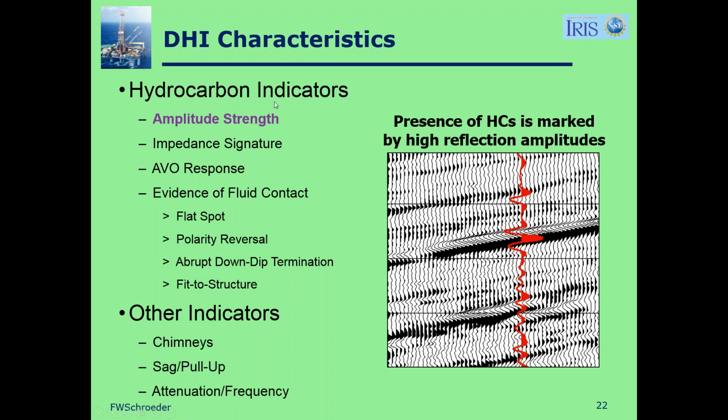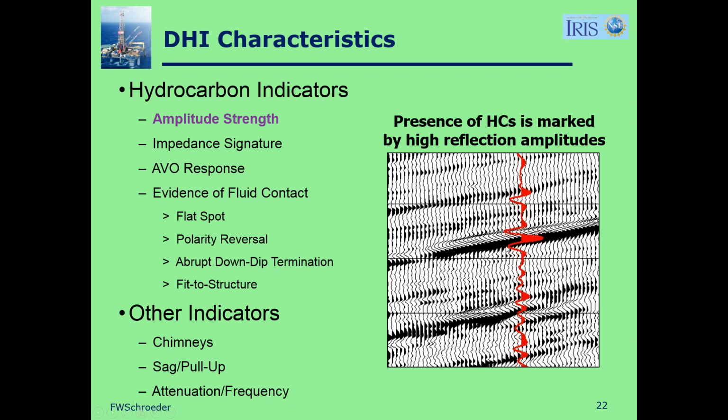The most common hydrocarbon indicator is amplitude strength. And so here we have some seismic. The black and white wiggles are the real seismic. The red is a modeled or synthetic seismic trace based on a well. And you can see that in this portion, we have a really strong trough or swing to the left.